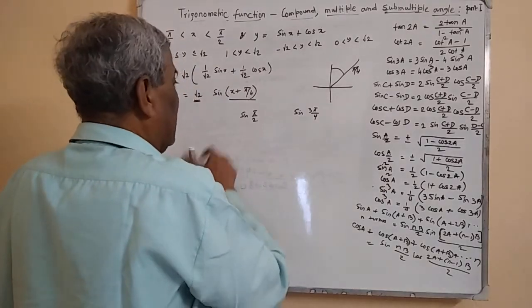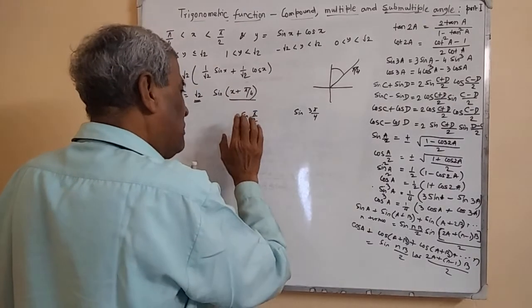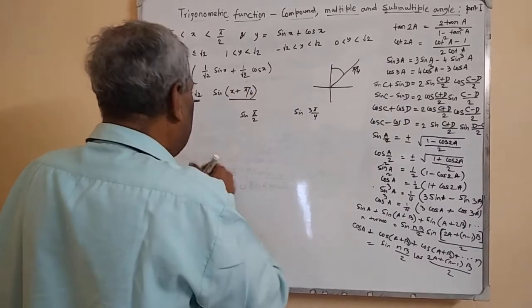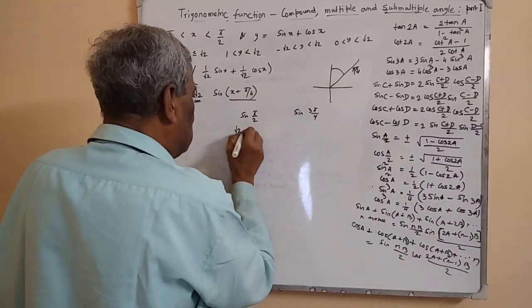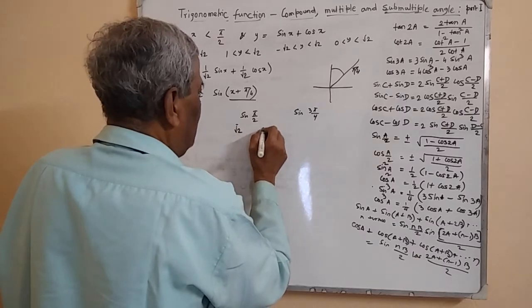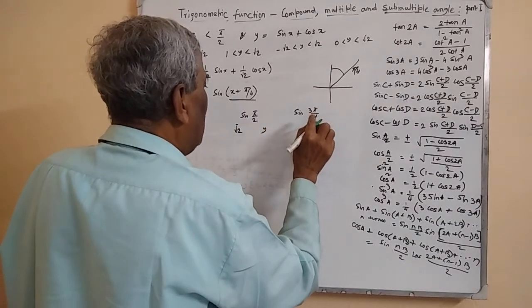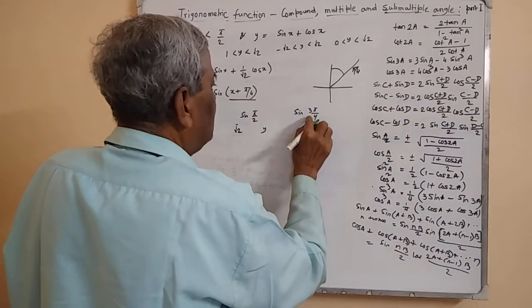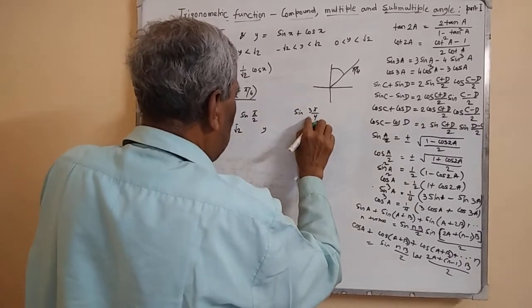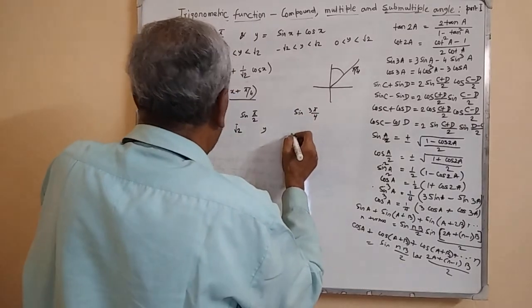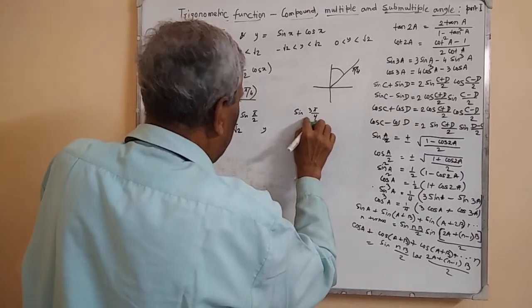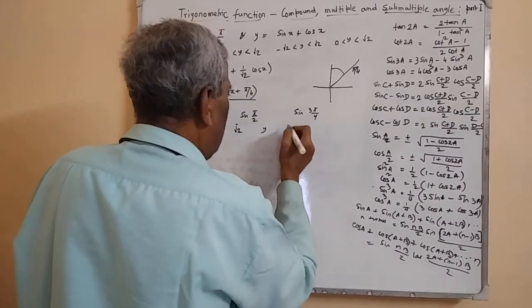So this value is 1, so it lies below root 2. Why? This value is root 2 into sine 3 pi by 4, which is 1 by root 2, so root 2 into 1 by root 2 is 1.